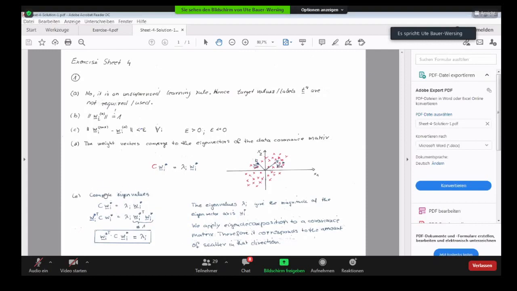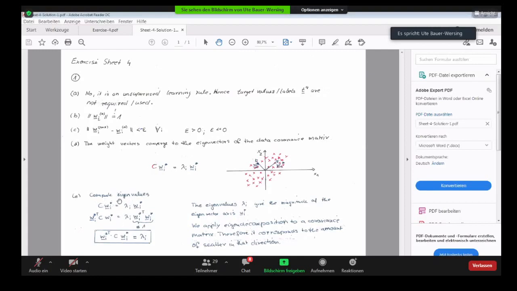Part E, how do we compute the eigenvalues? Because our learning algorithm only gives us the w_i, the weight vectors, we don't get the lambda_i, the eigenvalues. If we are interested in the eigenvalues, we have to compute them using the covariance matrix.